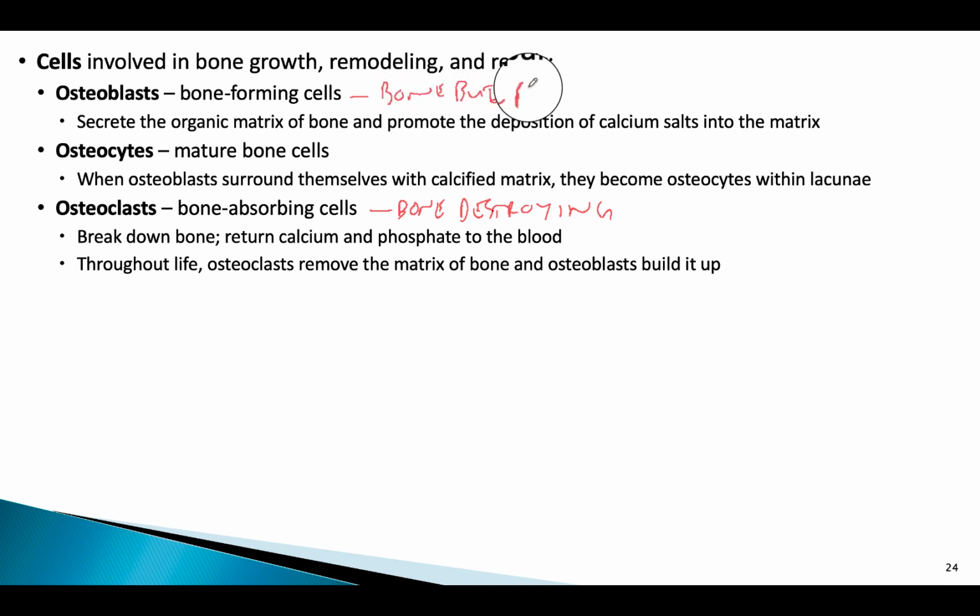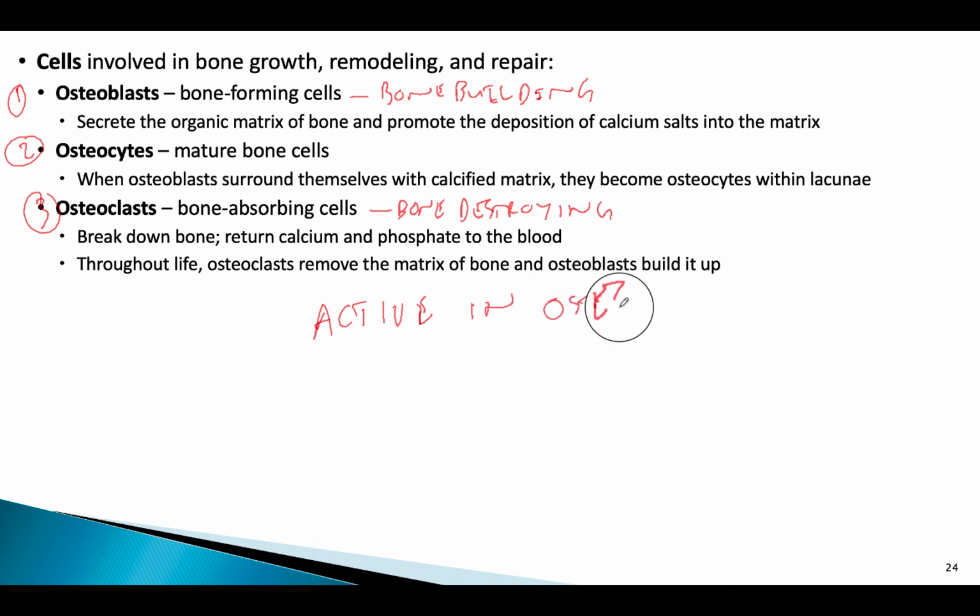Okay, so here is my question to you guys. Of these three cells right over here, 1, 2, and 3, which of these three cells is going to become active in a person suffering from osteoporosis? Okay, osteoporosis.